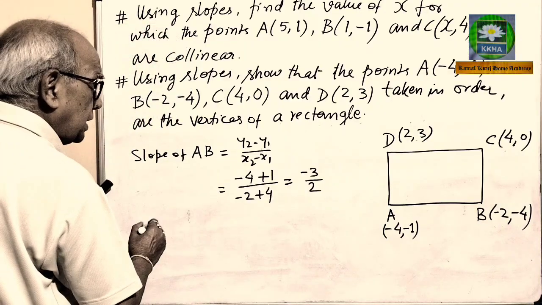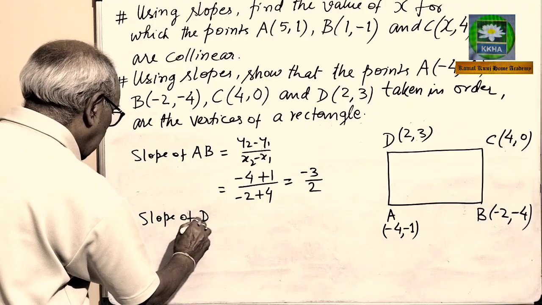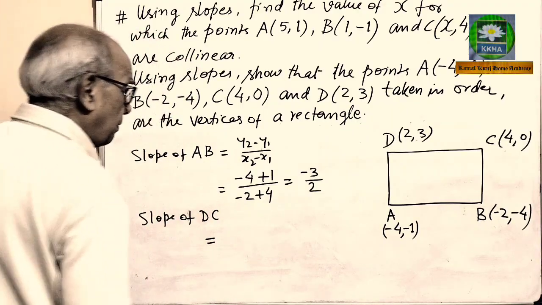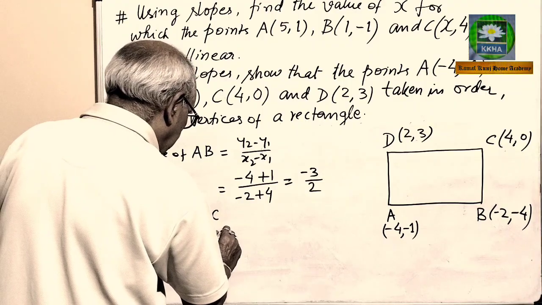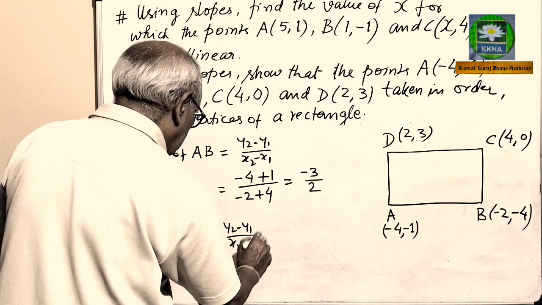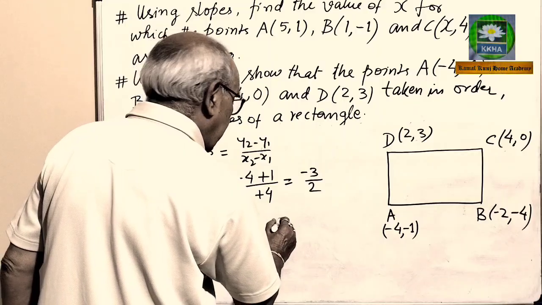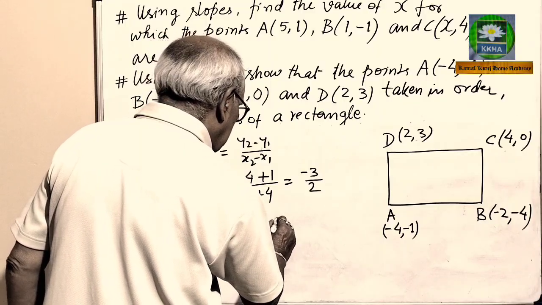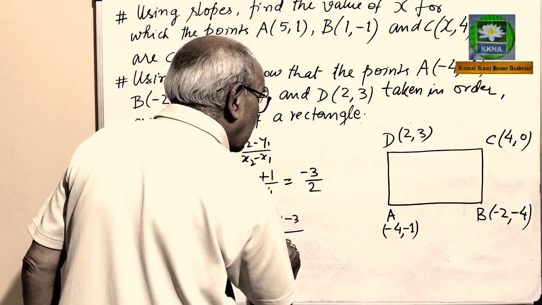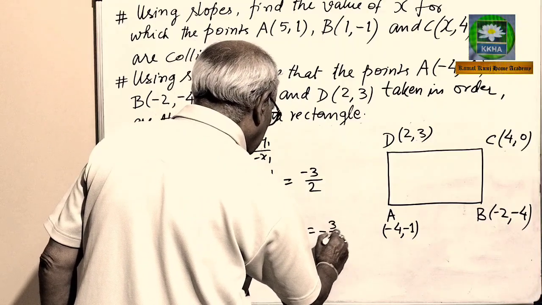And slope of DC is equal to y2 minus y1 upon x2 minus x1, which is equal to zero minus 3 upon 4 minus 2, equal to minus 3 upon 2.